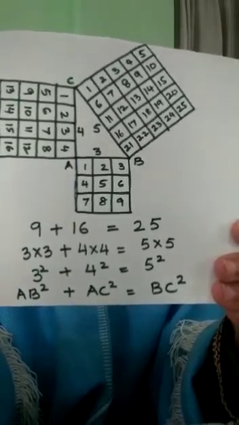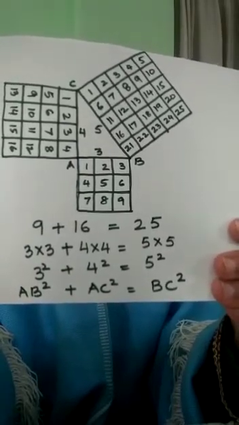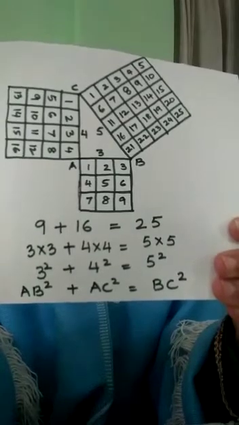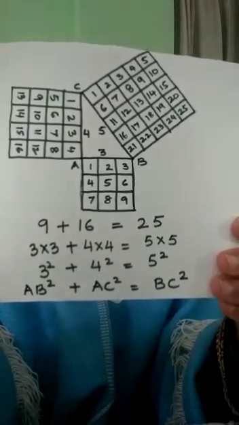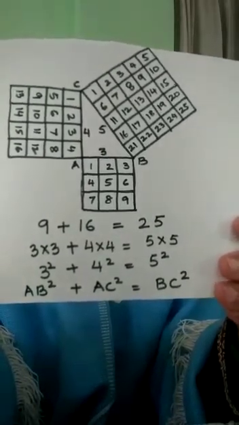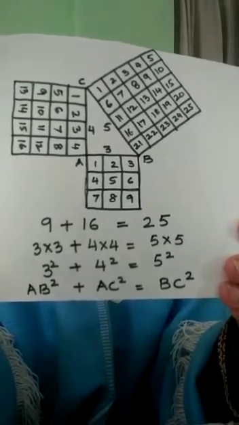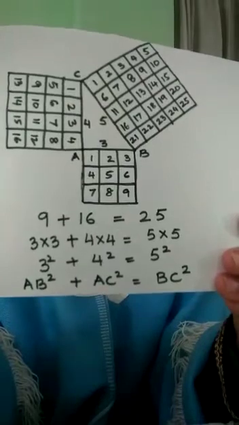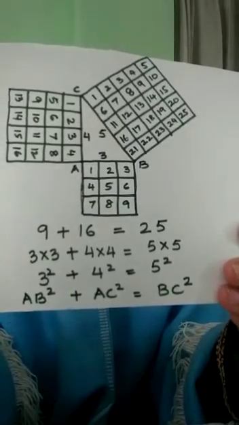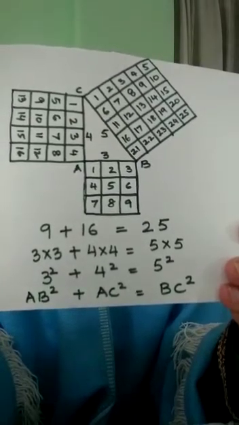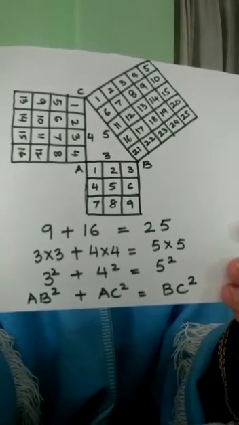Now 3 multiplied by 3 is equal to 3 square. 4 multiplied by 4 is equal to 4 square. And 5 multiplied by 5 is equal to 5 square. So I have written the next line. 3 square plus 4 square is equal to 5 square.